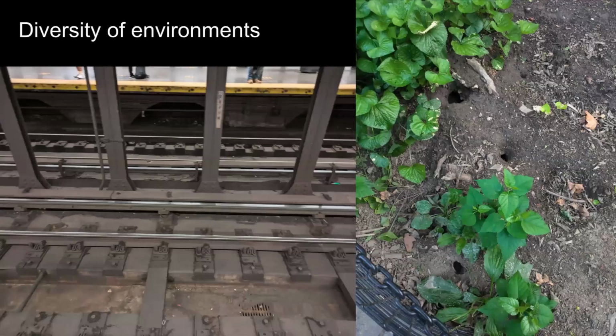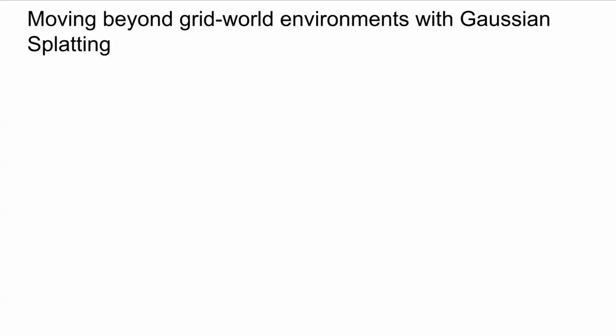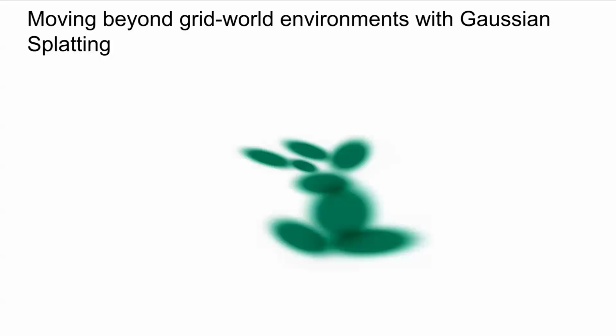So how do we capture this in this type of environment computationally in a way that's susceptible to our agent-based models? I'm relying on this Gaussian splatting technique, where the world is captured as a collection of tiny Gaussian blobs, maybe thousands of them, and the best-fit Gaussian is captured from camera data.